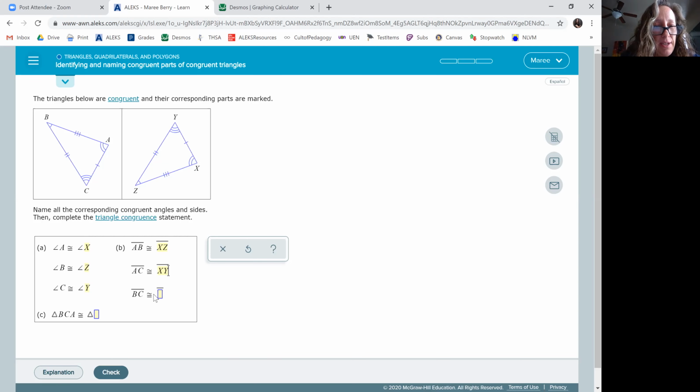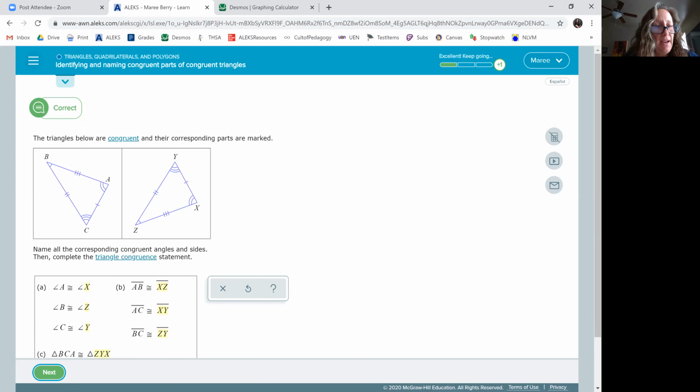And then for BC, B goes with Z, and C goes with Y. So for the triangles, it said BCA. B goes with Z, C goes with Y, and A goes with X. And that's the order that you do it in.